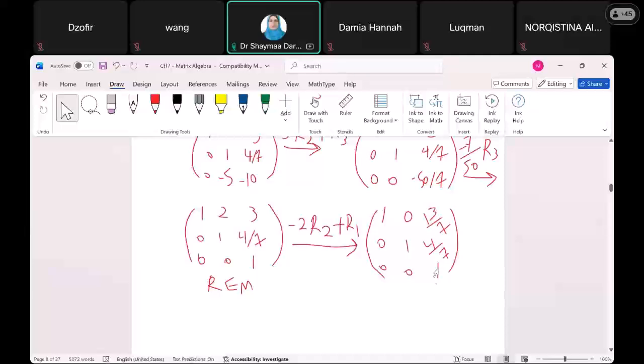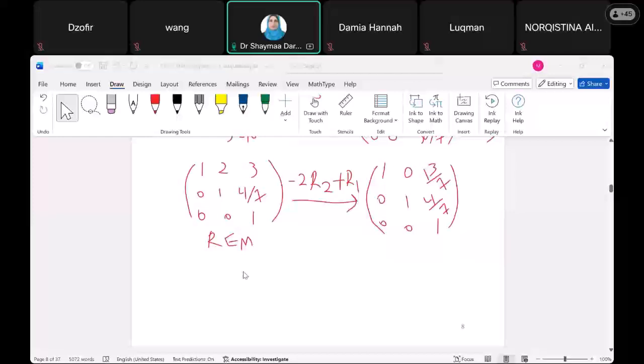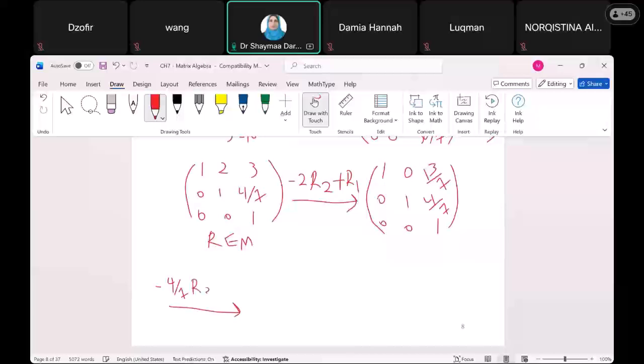How to make this one? I will use the leading one here. So I will do two operations: -4 over 7 R3 plus R2, and -13 over 7 R3 plus R1.